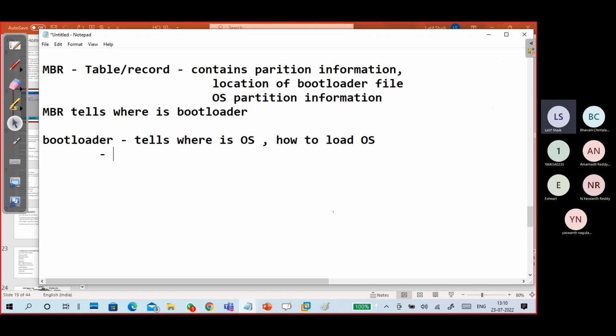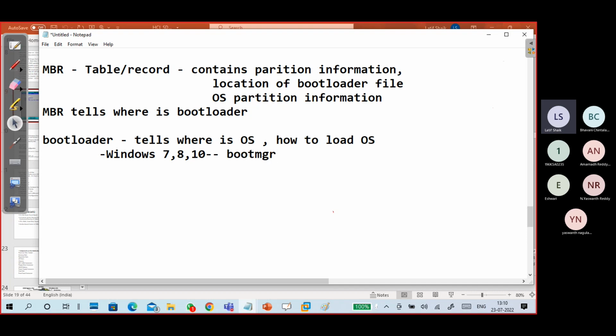Next, these bootloaders differ from OS to OS. For example, if I'm having Windows 7, Windows 8, or Windows 10, my bootloader is boot MGR.